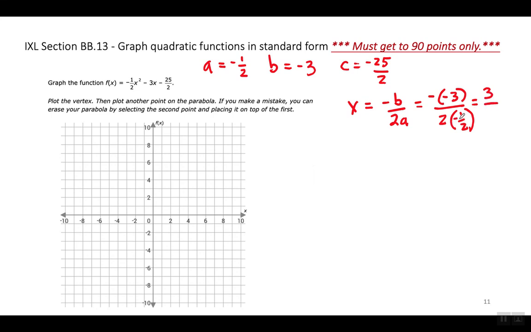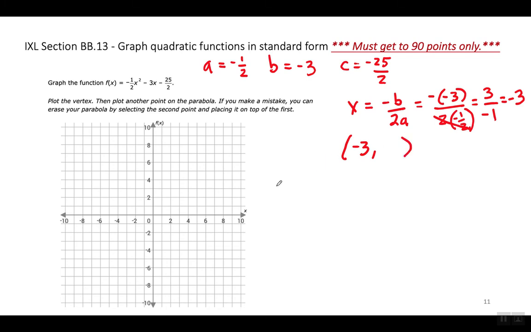On the bottom, a positive times a negative equals a negative, and these twos cancel out, so you're going to have negative 1 on the bottom. So 3 divided by negative 1 equals negative 3. So that's the x coordinate of the vertex, negative 3.